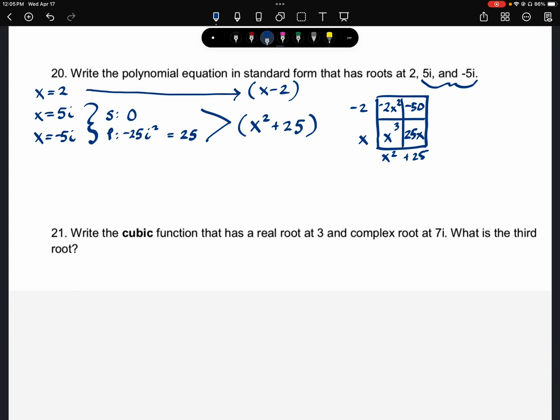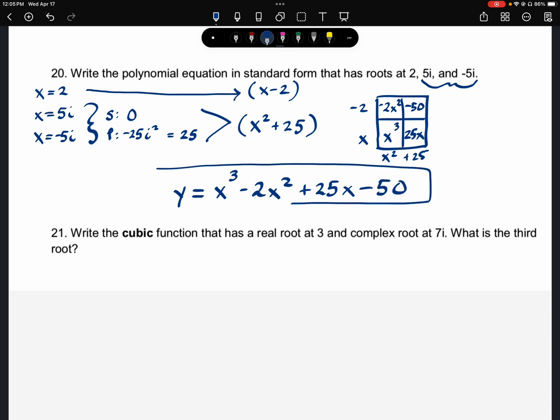So as we put it all together in standard form, it would be y equals x to the third minus 2x squared plus 25x minus 50. And that should be our answer.